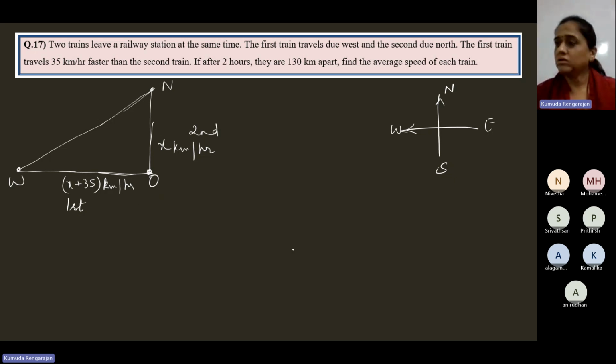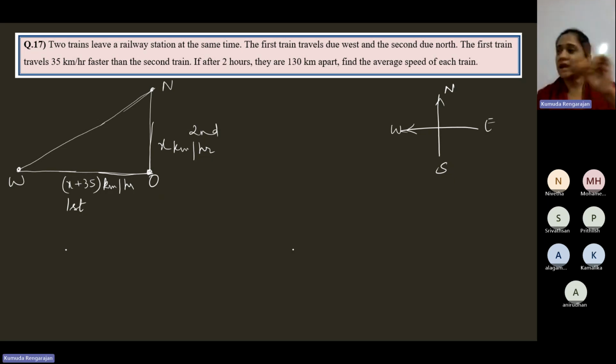Now what is O? The station from where both the trains start. What is OW? OW is the distance covered by the first train in 2 hours.